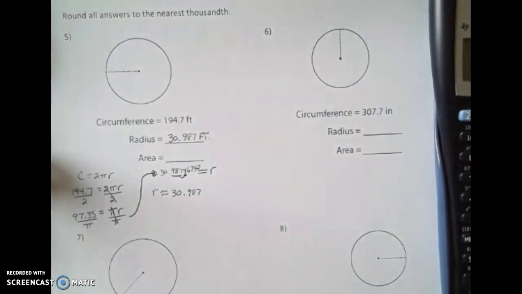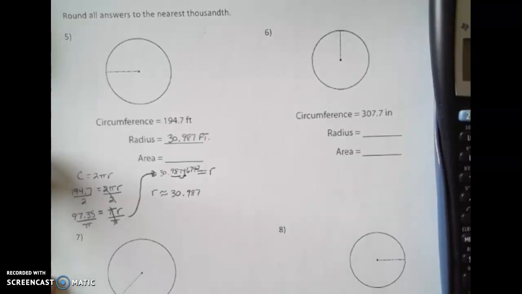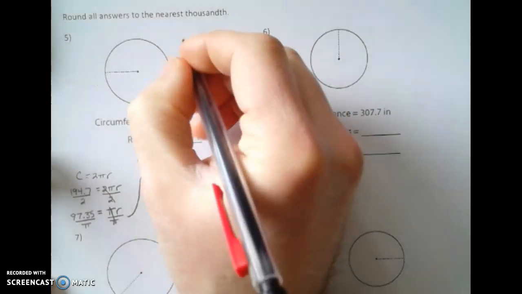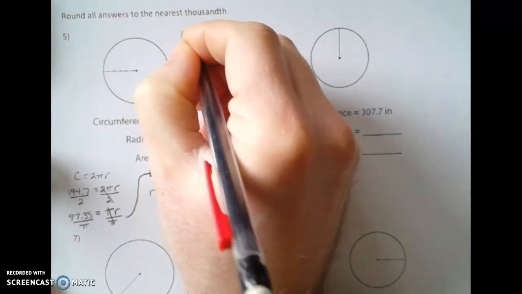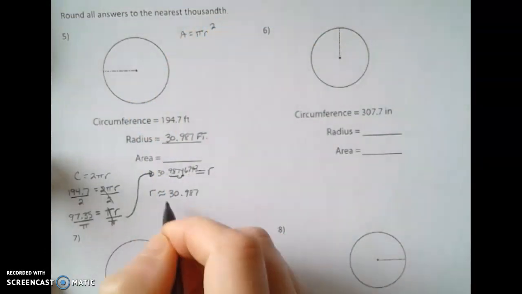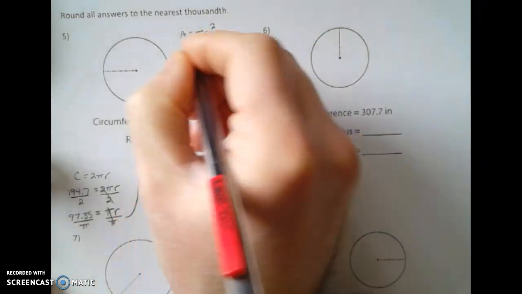This number is the number that we're going to use to find the area of the circle. So we're going to use the area formula, and again, I'll do that up here where I've got some more space. A equals pi r squared. We're going to use this value of r, the radius, to substitute in.